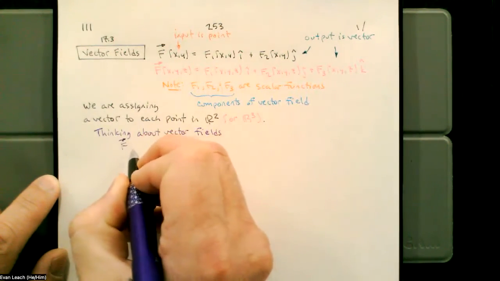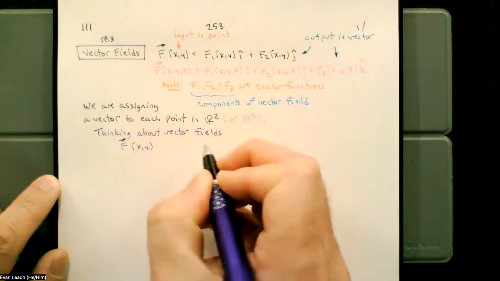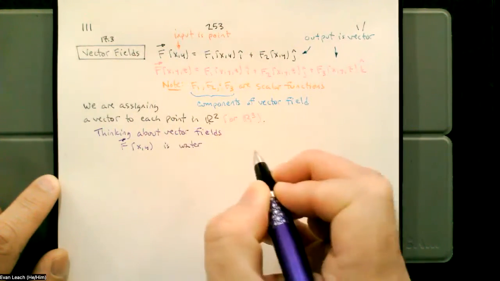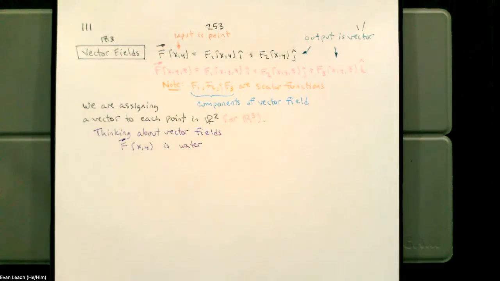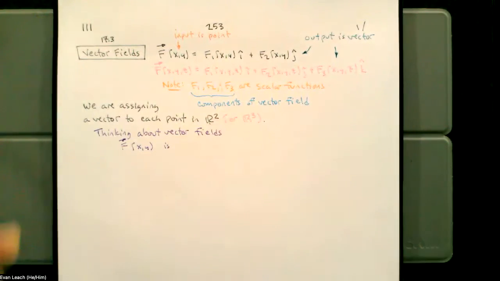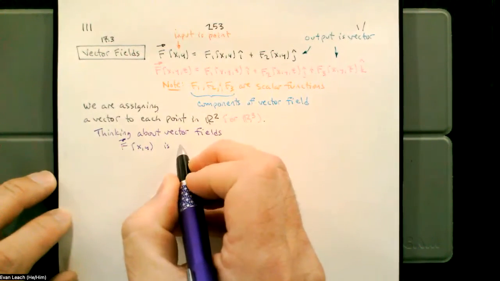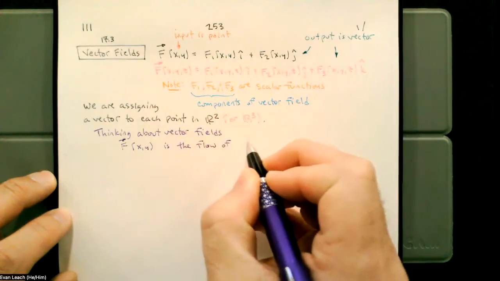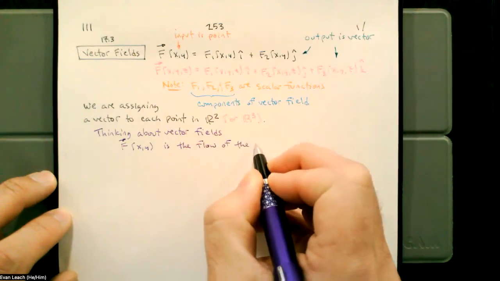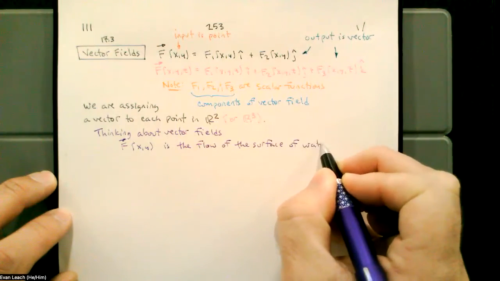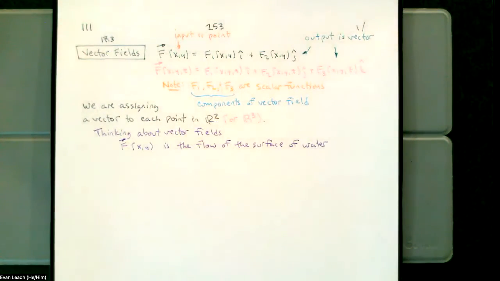If I have a vector field over R2, think of a vector field in 2 dimensions as the flow on the surface of the water.